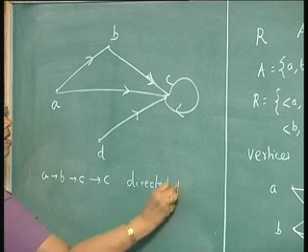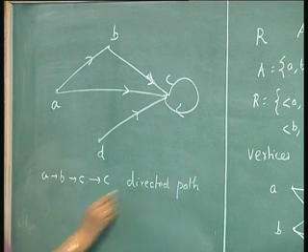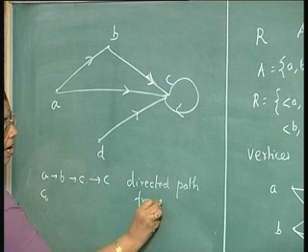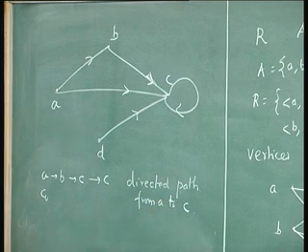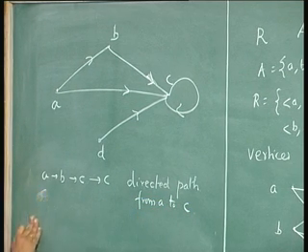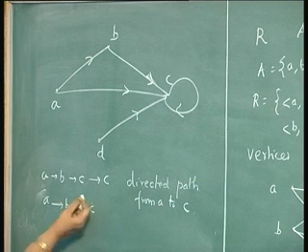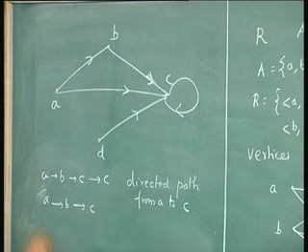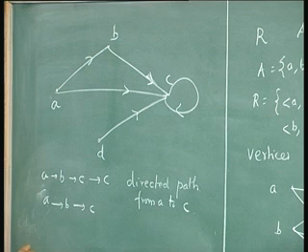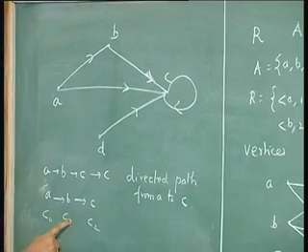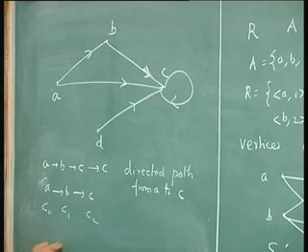This is a path from A to C. It starts at A and ends at C. A, B, C is a directed path. In the notation, this is C0, C1, C2 and so on. There is an edge between C0 and C1 and C1 and C2 and so on.